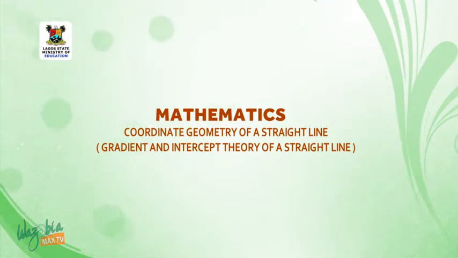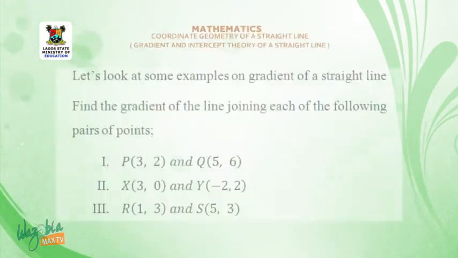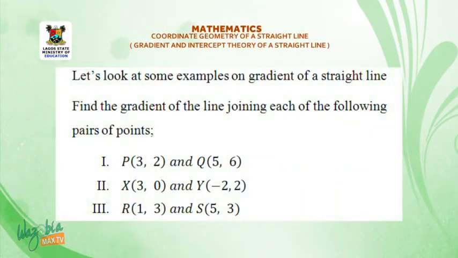Welcome back, class. Let's look at some examples on gradient of a straight line. Find the gradient of the line joining each of the following pairs of points. Roman figure 1, P with coordinates 3, 2, and Q, coordinates 5, 6.